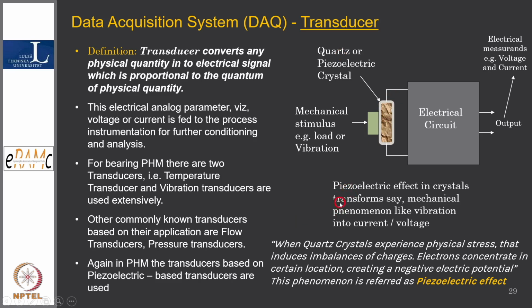In short, it means converting mechanical form into electrical: when quartz or some special material crystals experience physical stress, it induces an imbalance of charge, or asymmetry, as we can call it. Electrons concentrate in certain locations, creating a negative electrical potential. This phenomenon is referred to as the piezoelectric effect. So this is about what a transducer does.